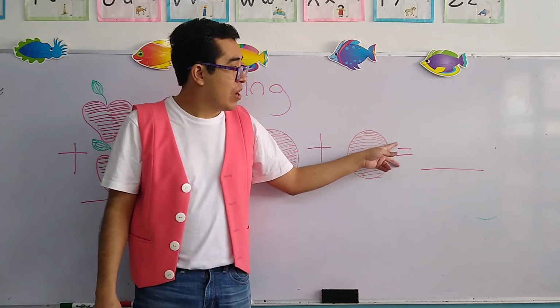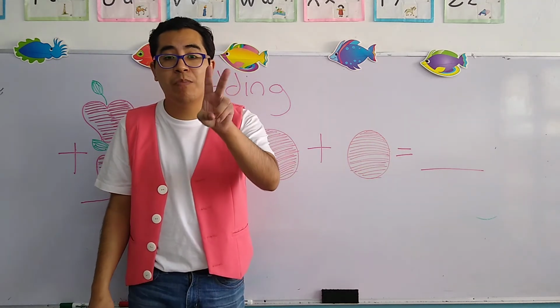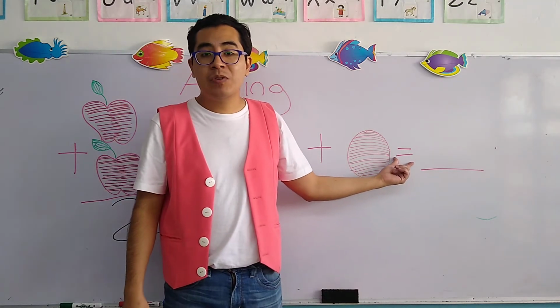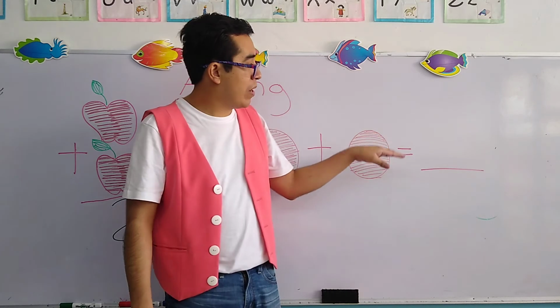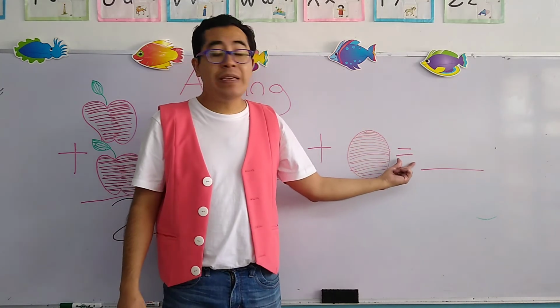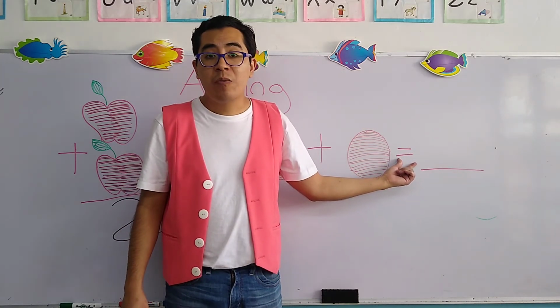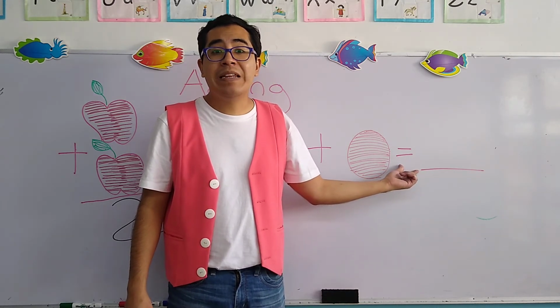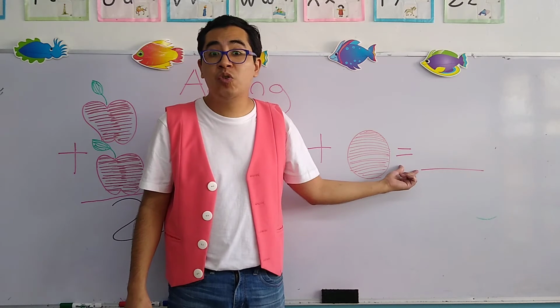And next to, we have a second symbol. Tenemos un segundo símbolo. Este que tenemos, two lines, one up and one down. It indicates result. Whenever we have this symbol, cada vez que tenemos este símbolo, indica el resultado de nuestra suma.